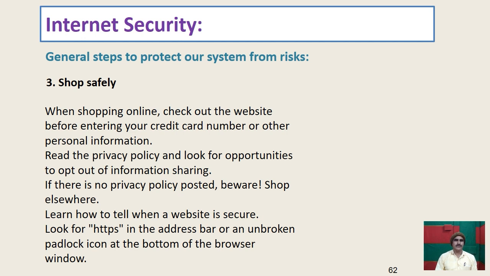Read the privacy policy and look for opportunities to opt out of information sharing. If there is no privacy policy posted, beware, and shop elsewhere. It is very important that you look for the privacy policy of that particular website.